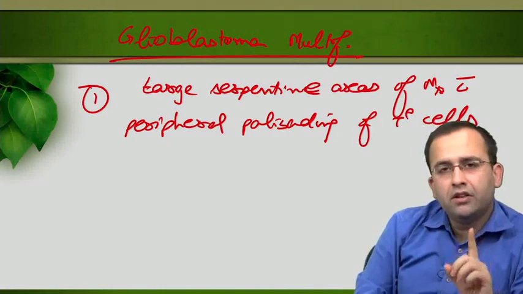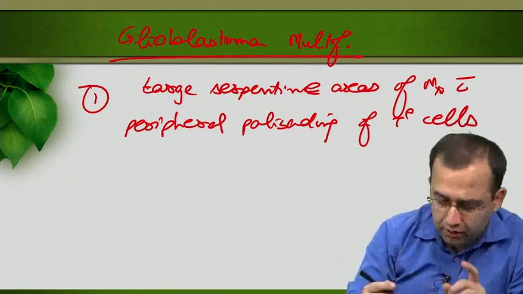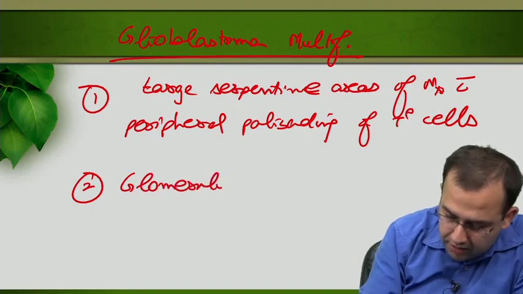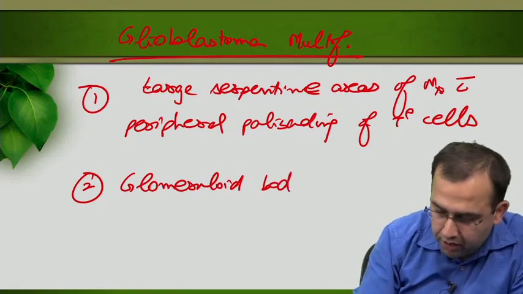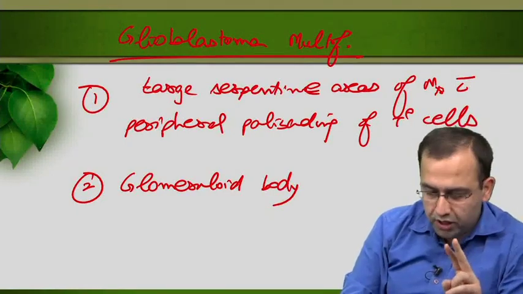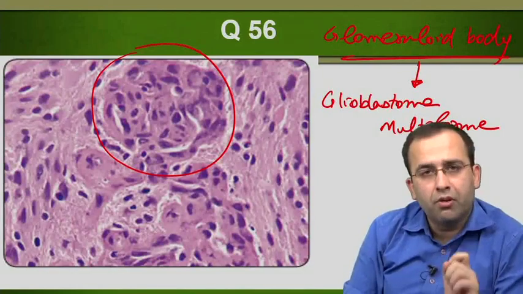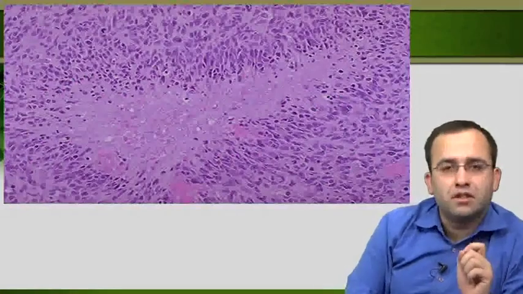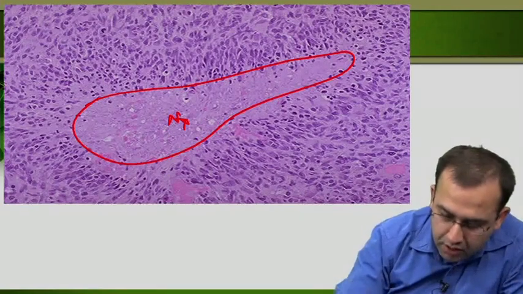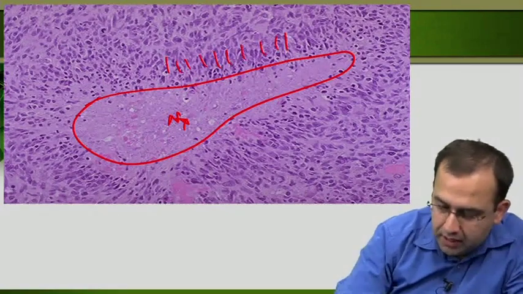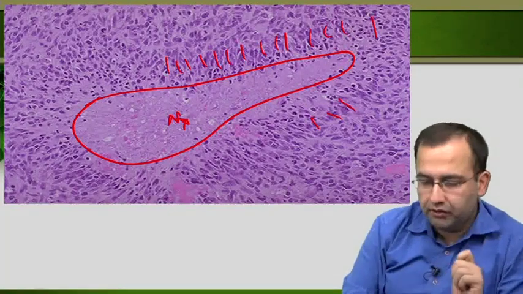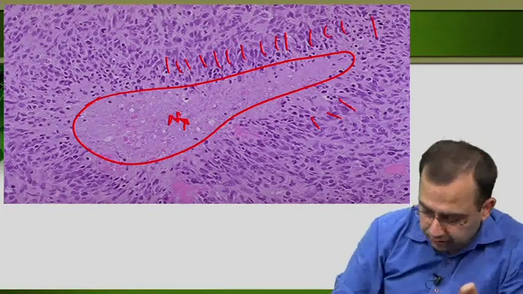And the second is the presence of glomeruloid body. This is an important slide.